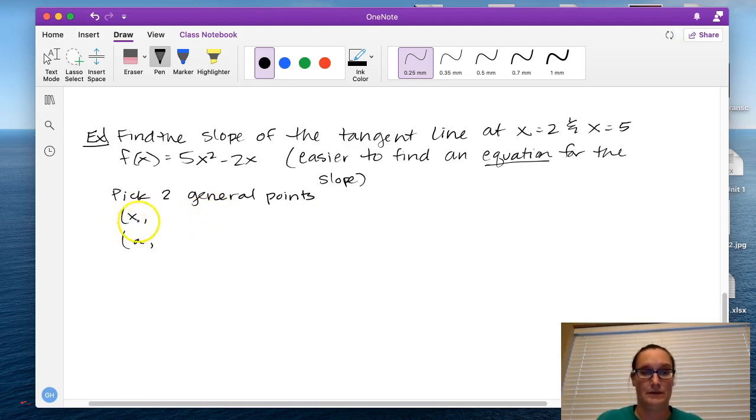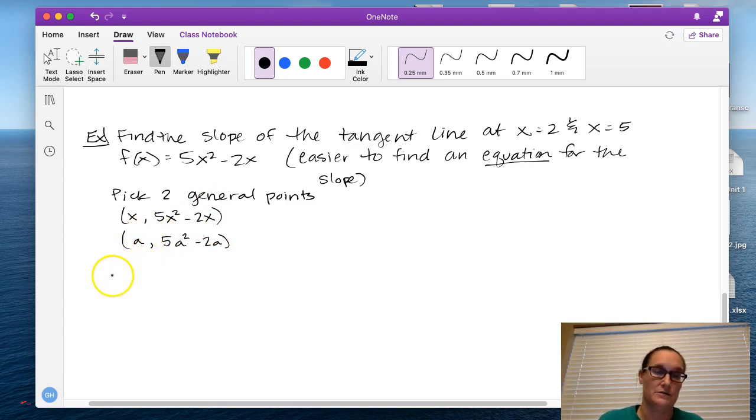You can pick whatever letters you want. If x is my x value, then 5x squared minus 2x is going to be my y value. Remember, f of x is the same thing as y. And if a is my x value, then 5a squared minus 2a is going to be my y value. Those are my two general points for this method.